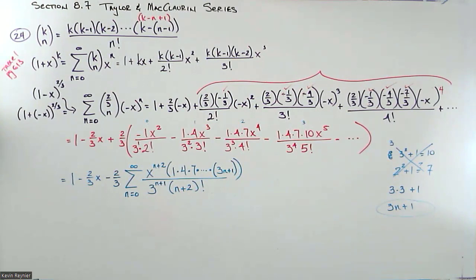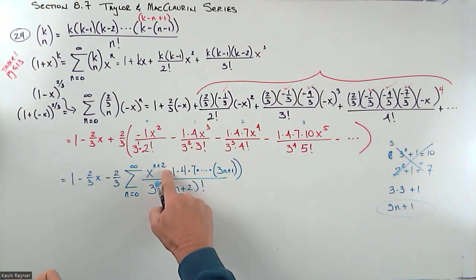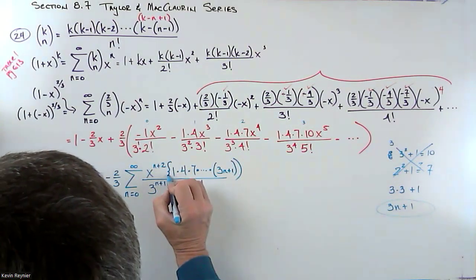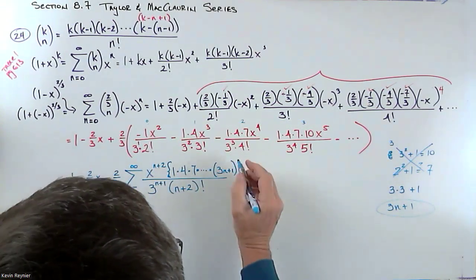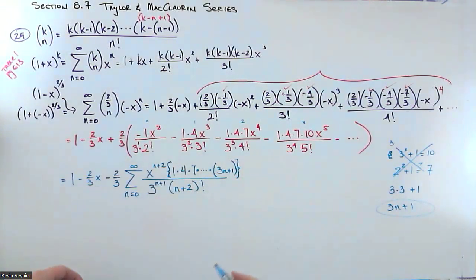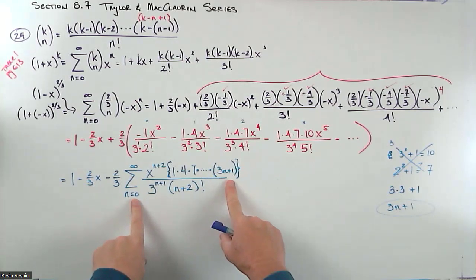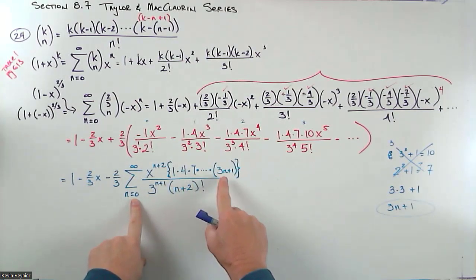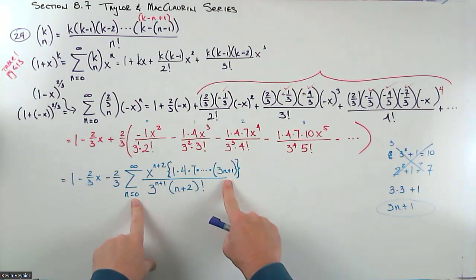I'm just going to erase this so it's a little more distinct. It's not the case when you do these problems that you take n, plug it in here, and you get 1, 4, 7. That's not how it works.